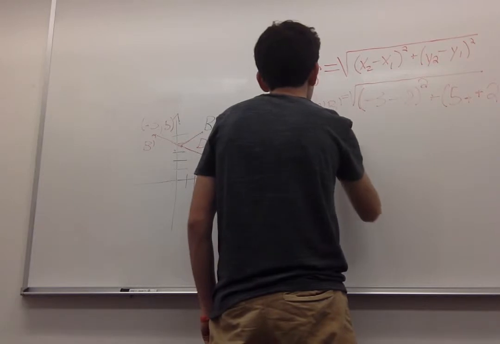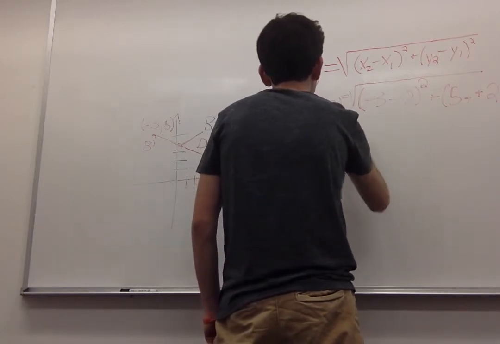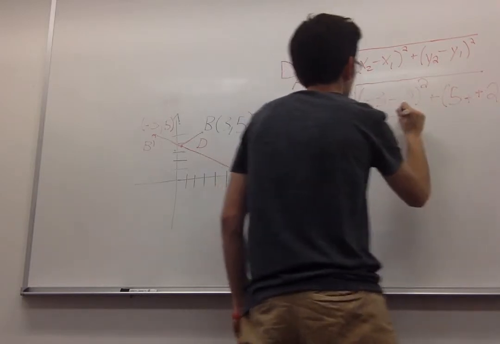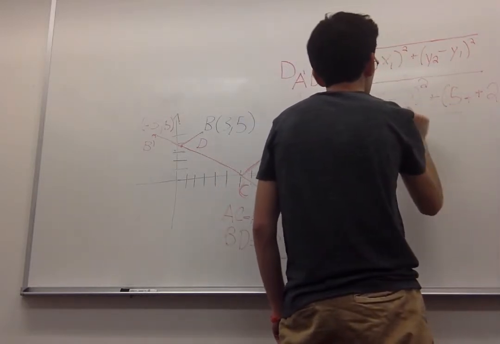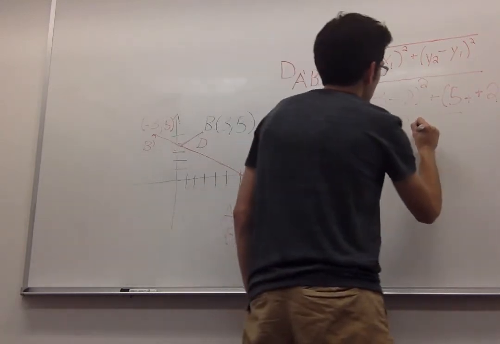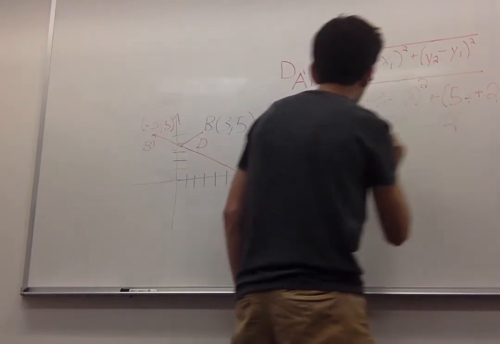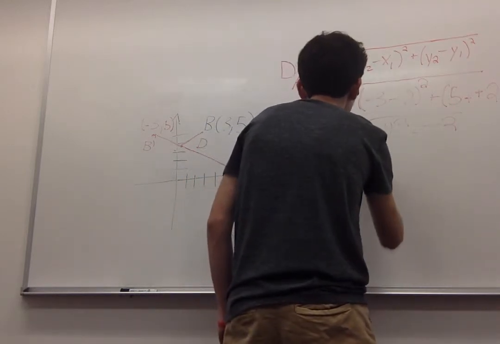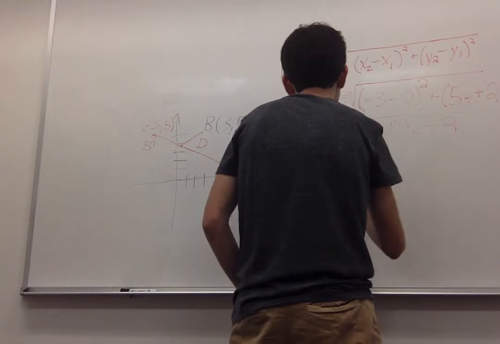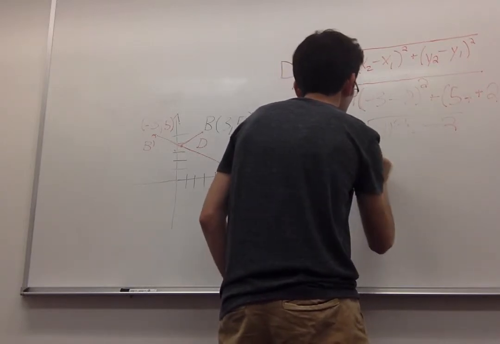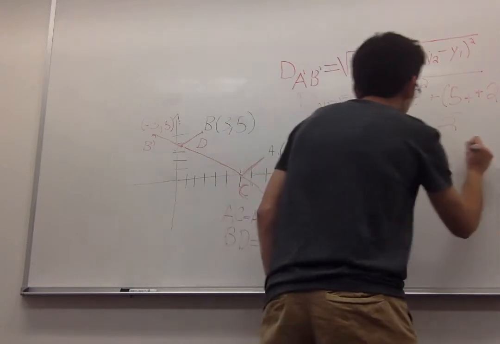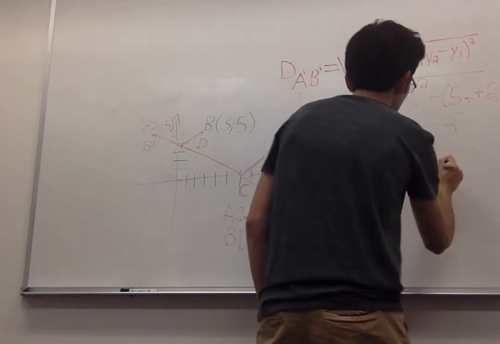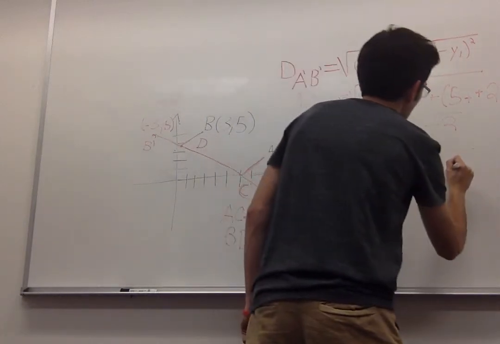So the distance of A prime B prime will be the square root of 11 squared plus 7 squared. Once again, 11 squared is 121 plus 7 squared, which is 49.